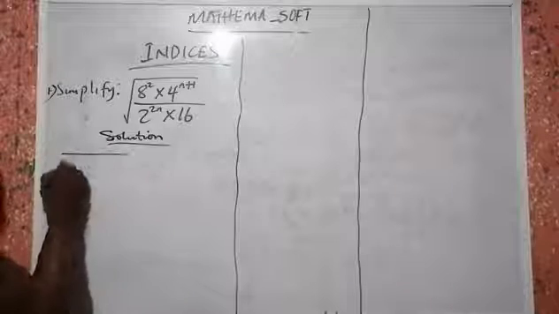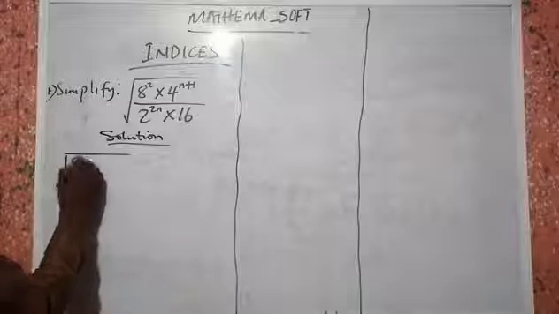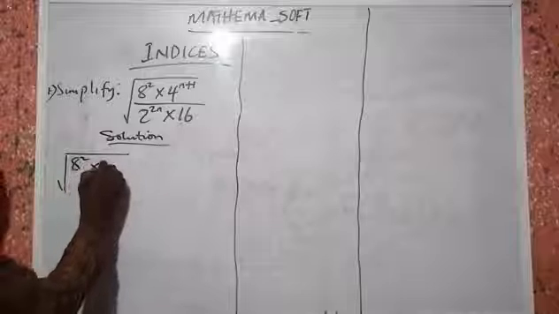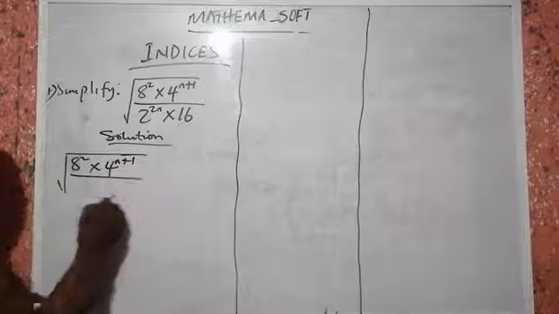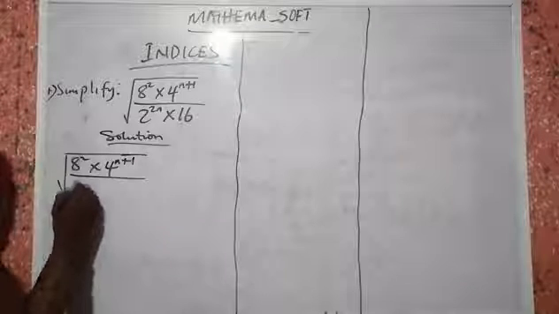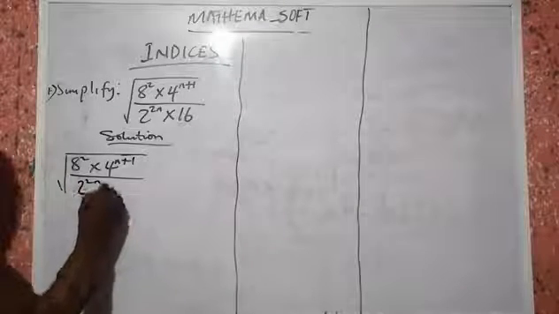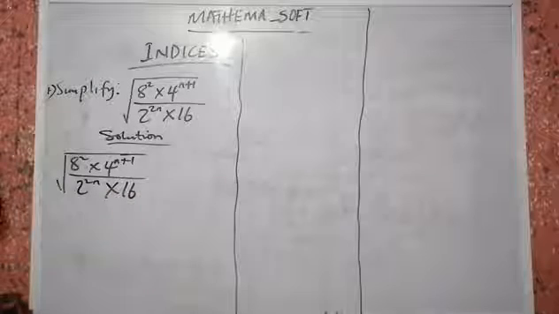Then I can have the question here again: 8 squared times 4 raised to the power n plus 1, over 2 raised to the power 2n multiplied by 16.